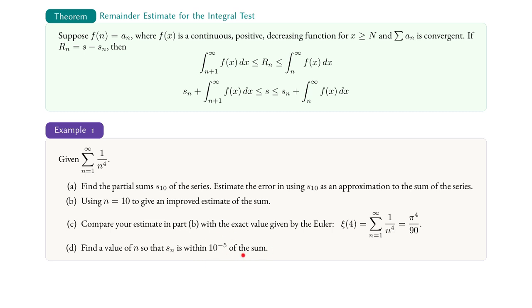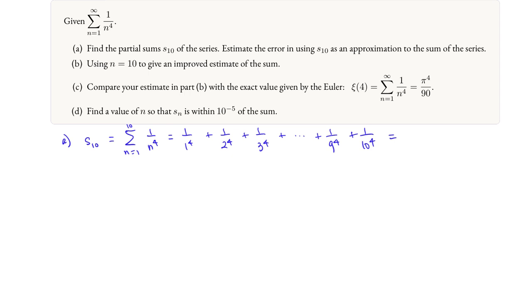First, we see that the partial sum s sub 10 is the sum from n equals 1 to n equals 10 of 1 over n to the fourth. The first term is 1 over 1 to the fourth. The second term is 1 over 2 to the fourth. The third term is 1 over 3 to the fourth.